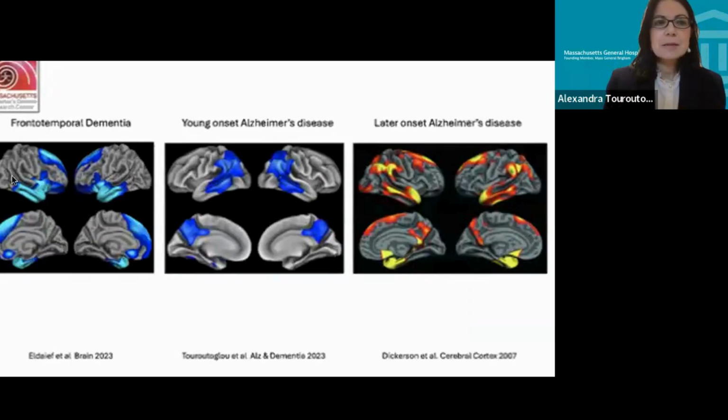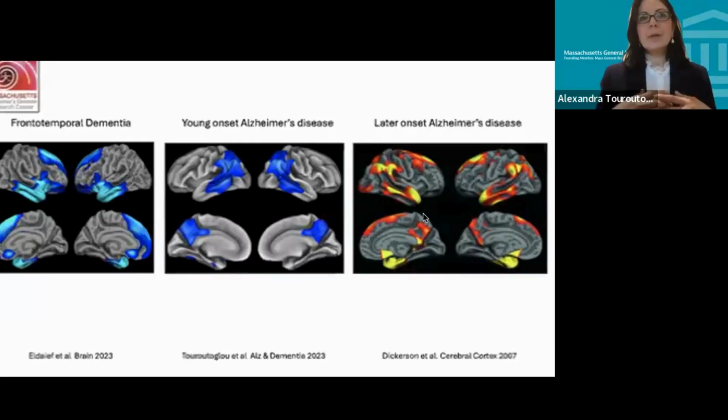You can see that these areas include frontal regions and temporal regions. In the young onset Alzheimer's disease, the second panel here, you can see atrophy in different areas, the temporal parietal regions. And then in the late onset Alzheimer's disease, you also see thinning happening in different parts of the brain.